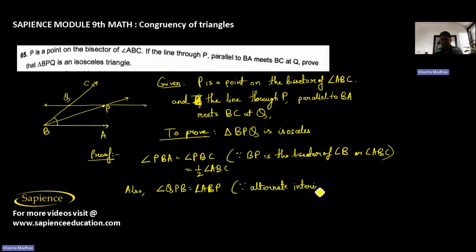Alternate interior angles are equal since it is given that PQ is parallel to AB, and BP obviously is the transversal. So therefore, I can say that angle ABP is equal to angle QPB.